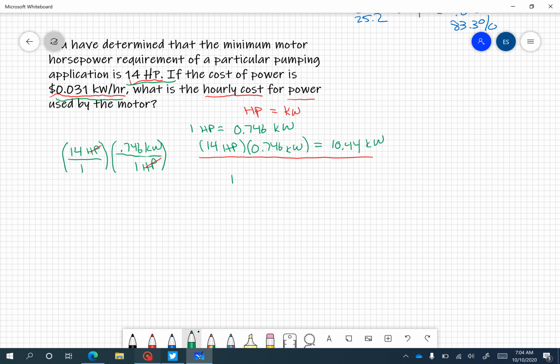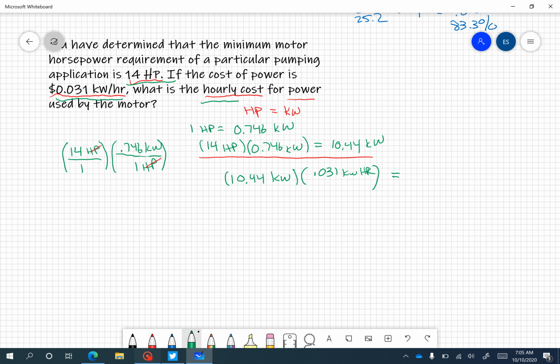So if we know it takes 10.44 kilowatts, and the price of electricity is $0.031 per kilowatt hour, and we're only calculating how much it costs per hour, so we don't need to factor in any time there.